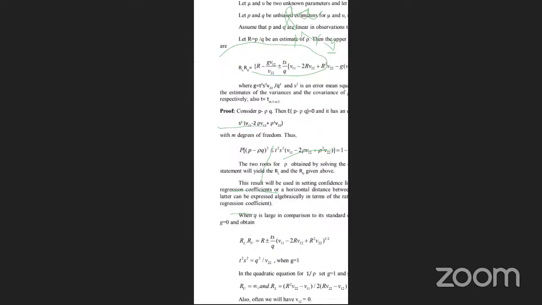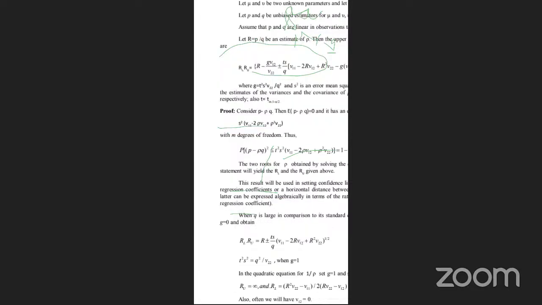Consider P and Q as given estimators of mu and nu. So P minus rho Q has expectation 0 and an estimated variance given by s square in brackets V11 minus 2 rho V12 plus rho square V22, with m degrees of freedom.